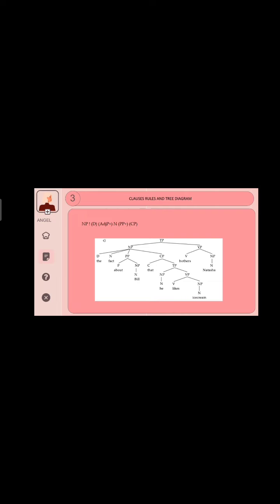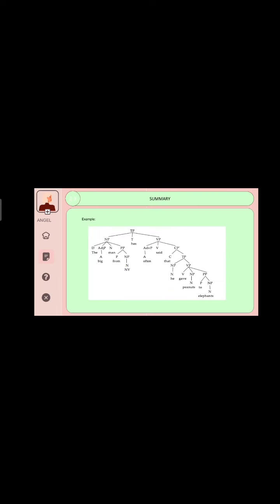So next is the summary of the rules and trees. These phrase structure rules are needed to generate trees that interpret English sentences. All of these rules that we tackled earlier are important to interpret English sentences.